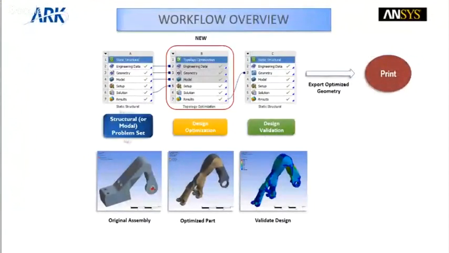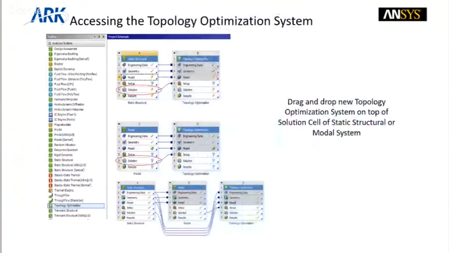I wanted to show one video, but I will just tell you how you can do topology optimization. Earlier we were doing the design explorer. There is one more tab in ANSYS systems called topology optimization.